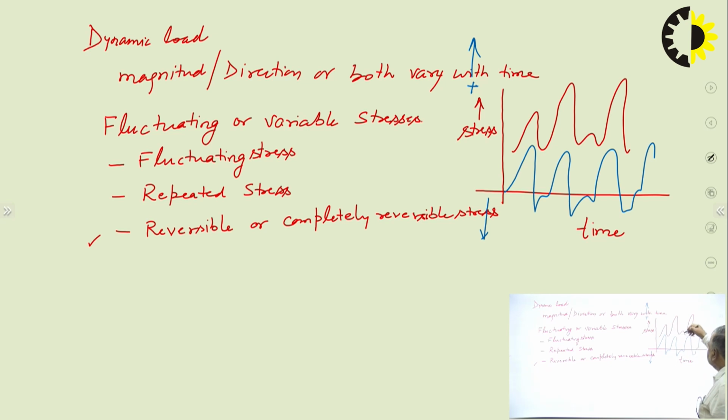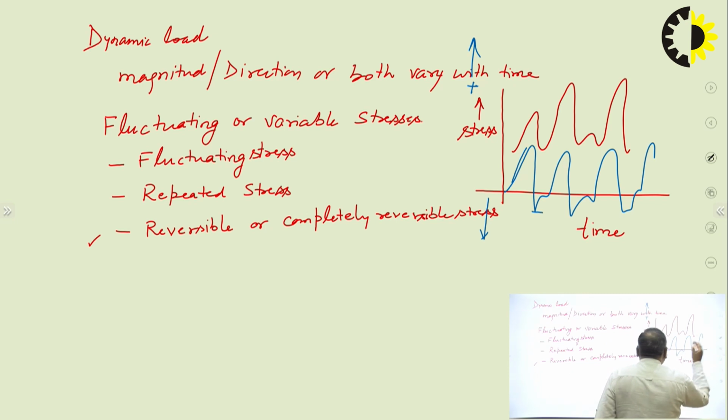Here, this is in the same direction, but the magnitude is changing. What I have shown in red color is fluctuating stress. In blue color, the magnitude is changing. Here, magnitude as well as direction changes with respect to time. That is the fluctuating stress, right?